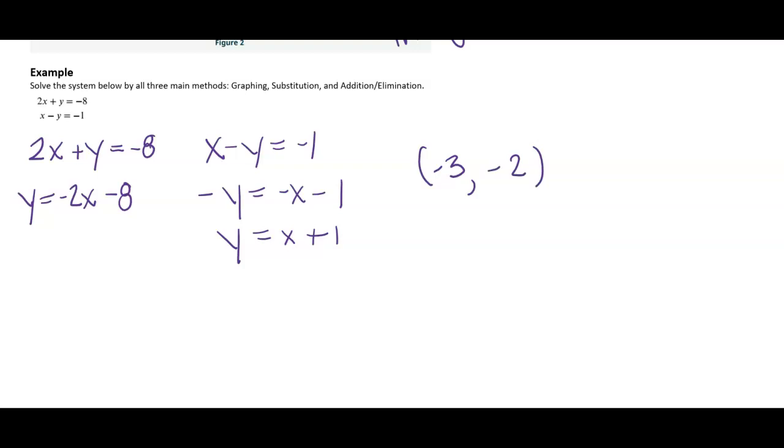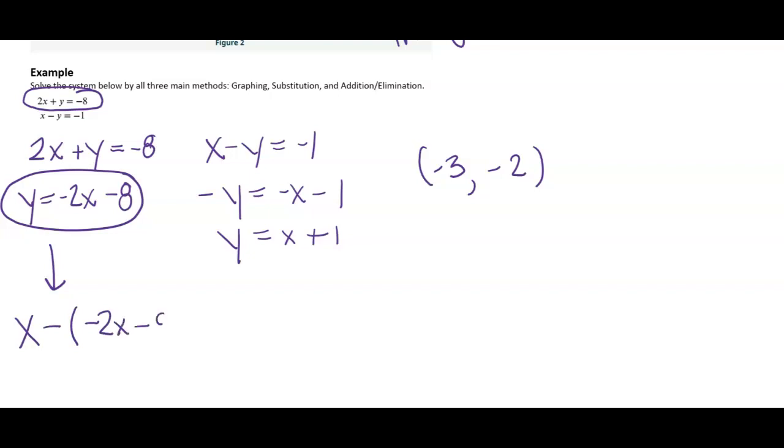However, if you don't have a graphing tool, you might want to use what's called the method of substitution. So it would be easiest, I think, to solve this for y like we did here. And then you can substitute that into that second equation for y.